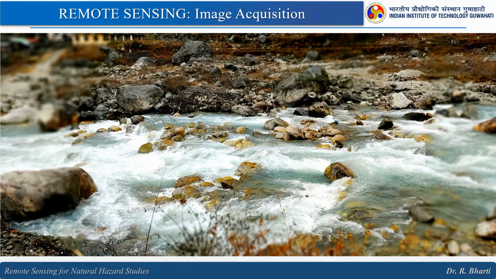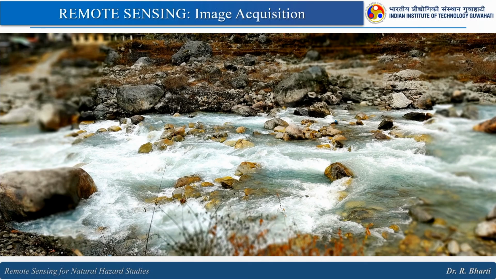So if you remember the questions that I mentioned in the first slide, what is remote sensing, what kind of information we gather, what kind of output we get, right. So this slide has a photograph. It can be captured by our normal camera, it can be captured by a DSLR, it can be captured by our mobile phones, right.